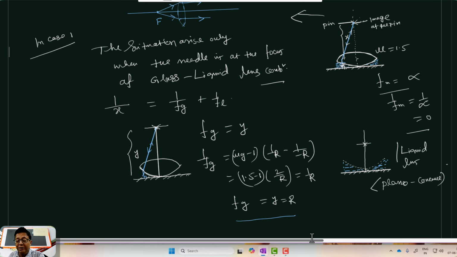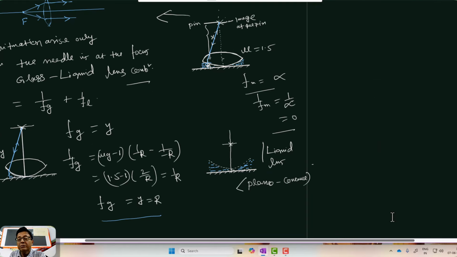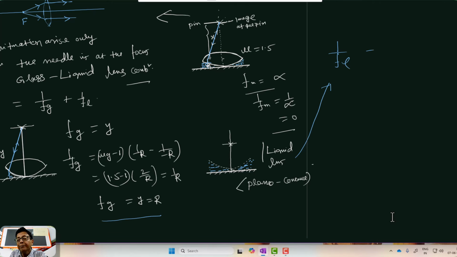We can say that 1 by Fl equals (mu liquid minus 1) times (1 by r minus 1 by infinity). Not 1 by r, plano-concave, this is 1 by infinity.